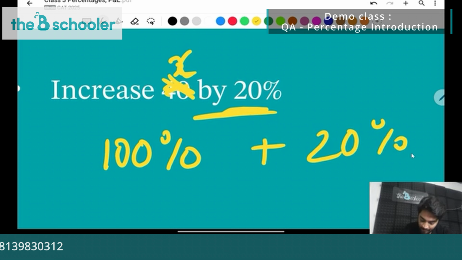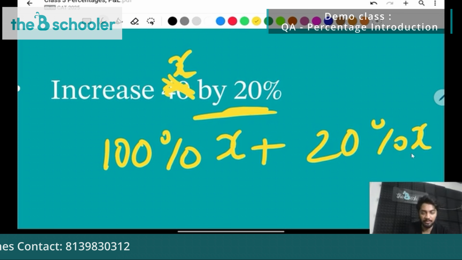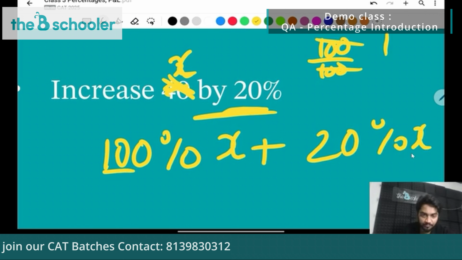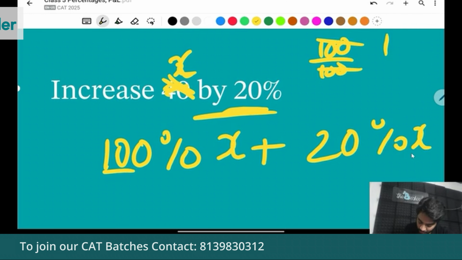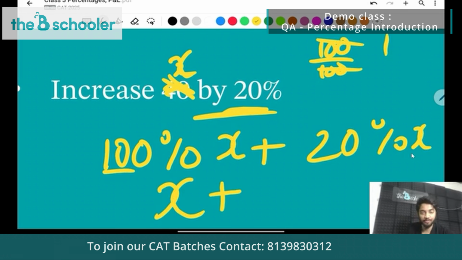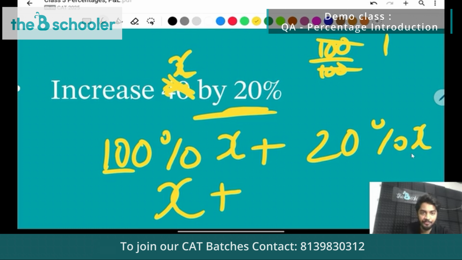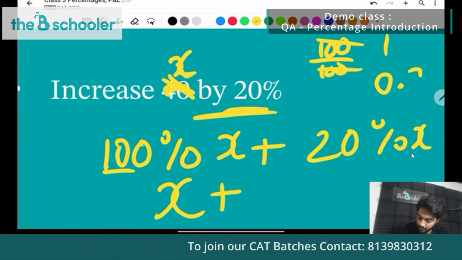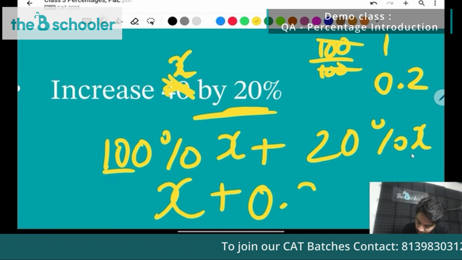That means if the number was x, 100% of x plus 20% of x. 100% is nothing but 100 by 100, which is 1. So 1 into x is x. So keep x there and add 20% of x. What is 20%? 20 by 100, which is 0.2. So 0.2 times x.